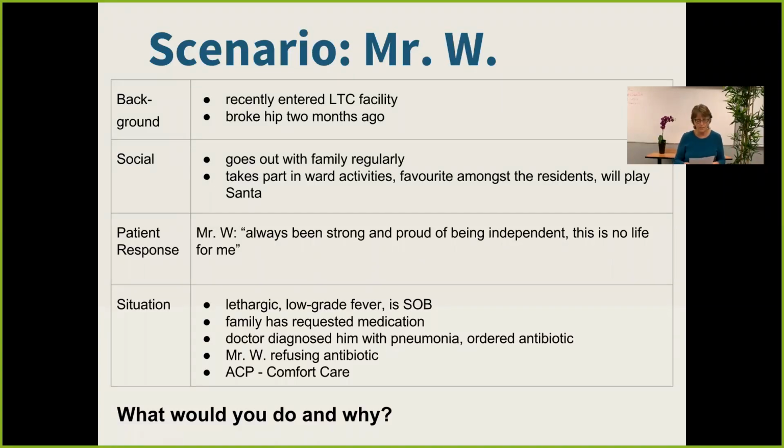He has chosen comfort care as his care planning goal. The staff and Mr. W's family feel that he has settled in well to the ward. He takes part in all ward activities and is a favorite among the residents. He's even planning on playing Santa Claus for the next Christmas party. So he's quite making a life for himself. He goes out with his family on a regular basis.